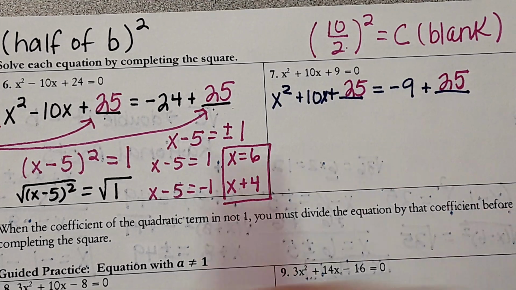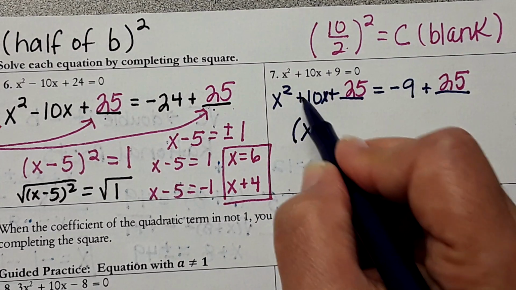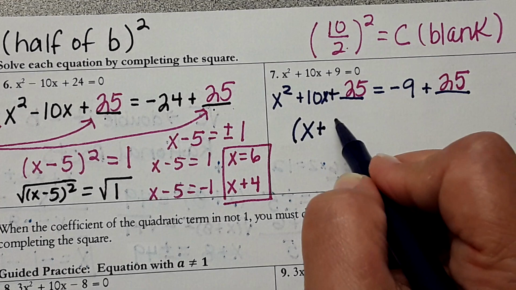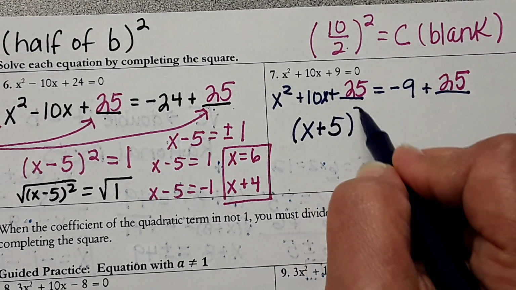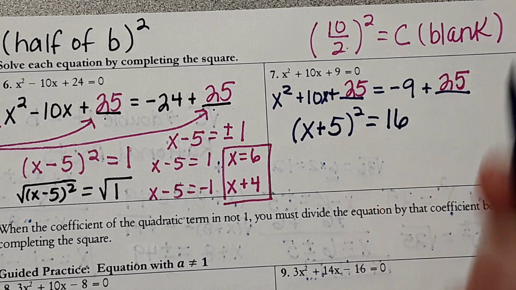Okay, now we're going to put this in this form. So x, this is positive, so this is positive. The square root of 25 is 5. And negative 9 plus 25 is 16.